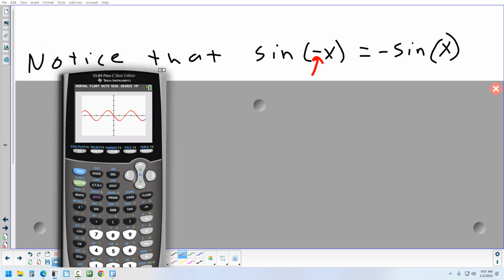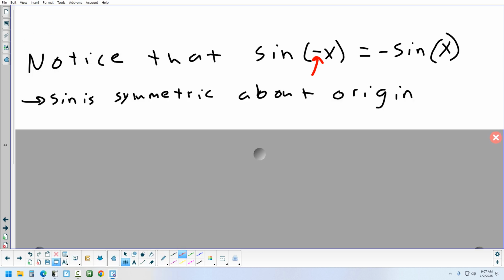That's called symmetry about the origin. But in general, putting a negative on the inside and putting it on the outside is not the same thing. One's a horizontal reflection, one's a vertical reflection. It just happens to be the same result in this particular graph.